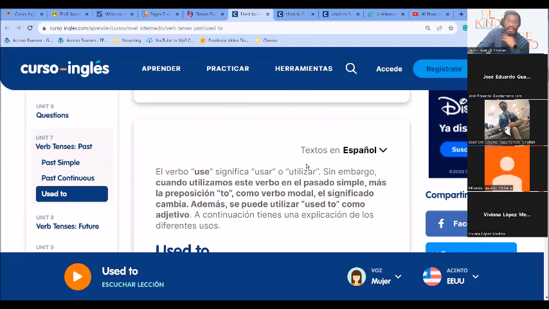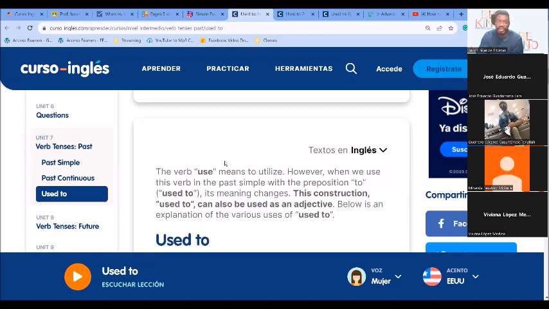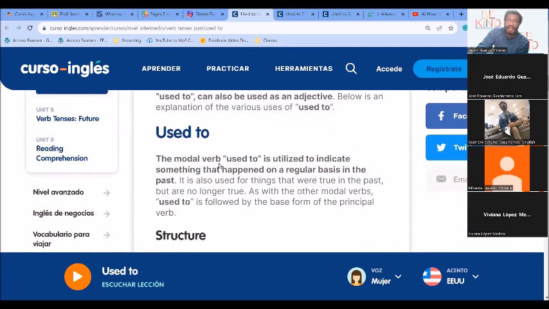I'll send you more things so you can read and you can practice again. And if you have questions throughout, don't feel shy. Ask in Spanish or in English. The first one, we use this past habit structure to highlight some sort of habit or repeated action or state from the past, right? So the first one is used to.